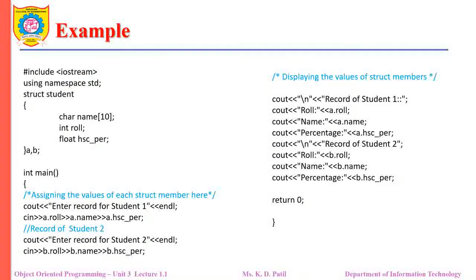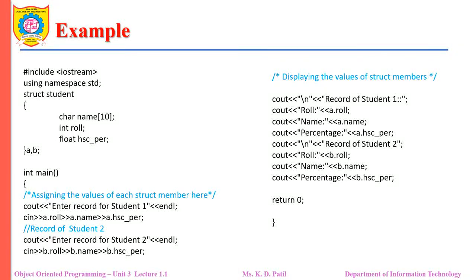Now let us see one example. Here I have a structure student which has members name, roll number, HSC percentage, and here I have created 2 structure variables A and B, so I can maintain the record of 2 students which consist of name, roll number and HSC percentage. Now I can access those variables using the dot operator as A dot role, A dot name and A dot HSC percentage.